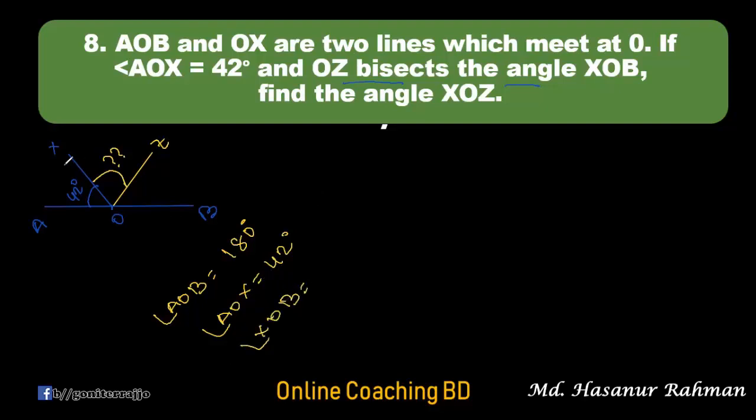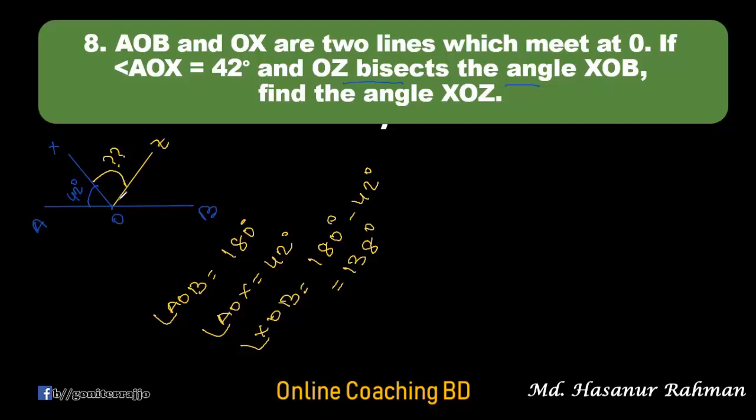We can say AOX and XOB are supplementary to each other. That means XOB should be 180 degrees minus 42 degrees. So if we subtract 42 from 180, we'll get 138 degrees.